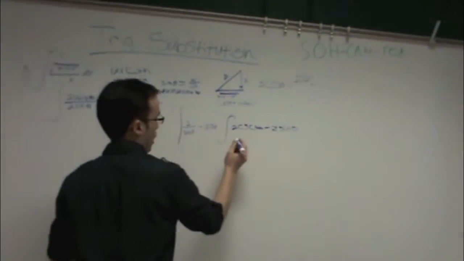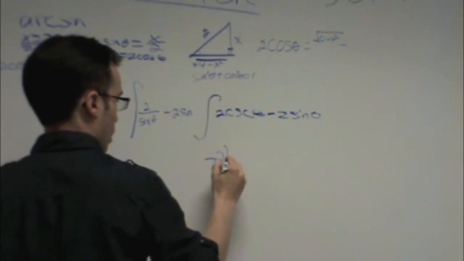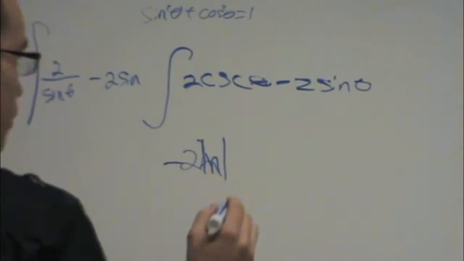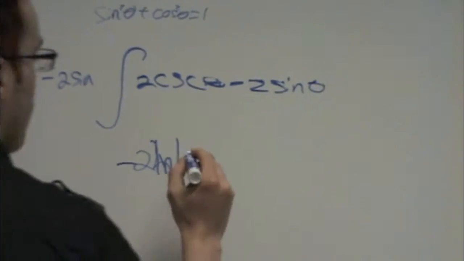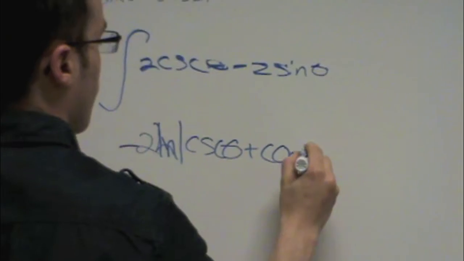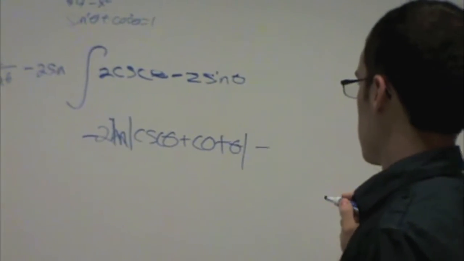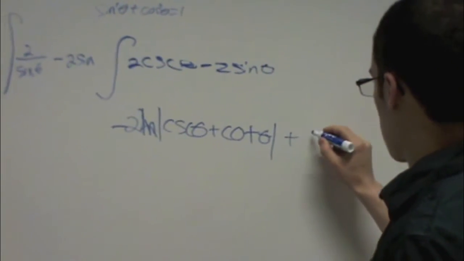That is the negative natural log, I have my 2 out in front though, of the absolute value of cosecant theta plus cotangent theta. So that takes care of this first part. Then the sine theta is a very simple integral, and that is just negative cosine. So it's minus negative cosine, or plus cosine.